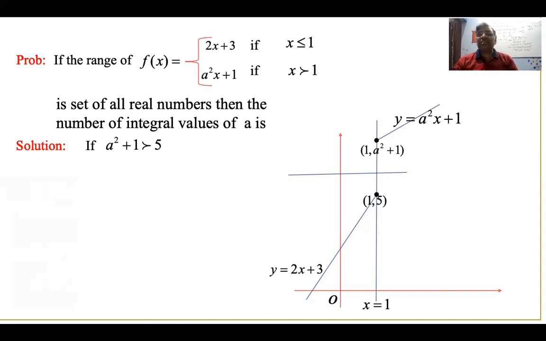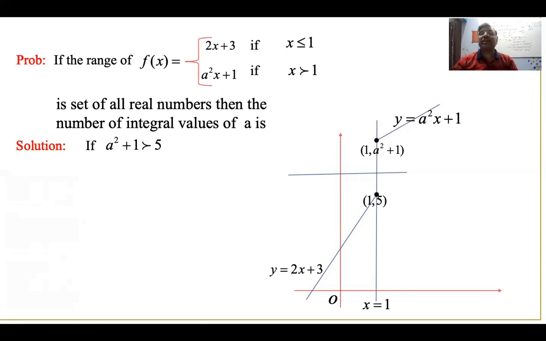So its range is the full real line means it is completely an onto function from R to R. The geometrical meaning is that every horizontal line meets the graph at least at one point. But when the right side piece of the function is above like this, this horizontal line cannot intersect the graph.